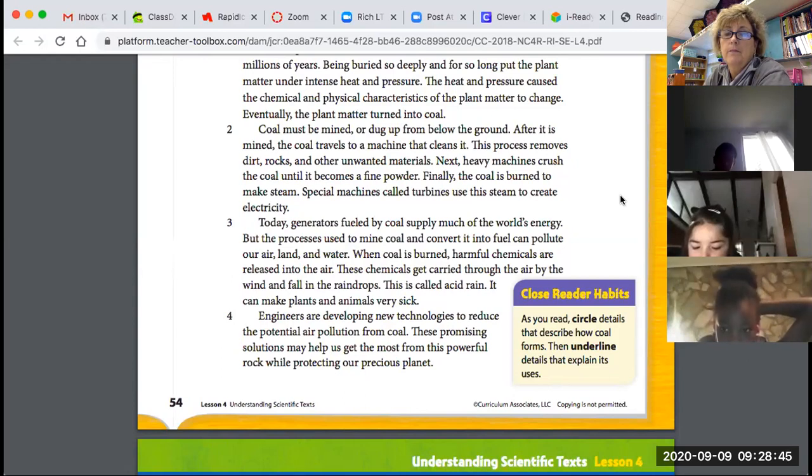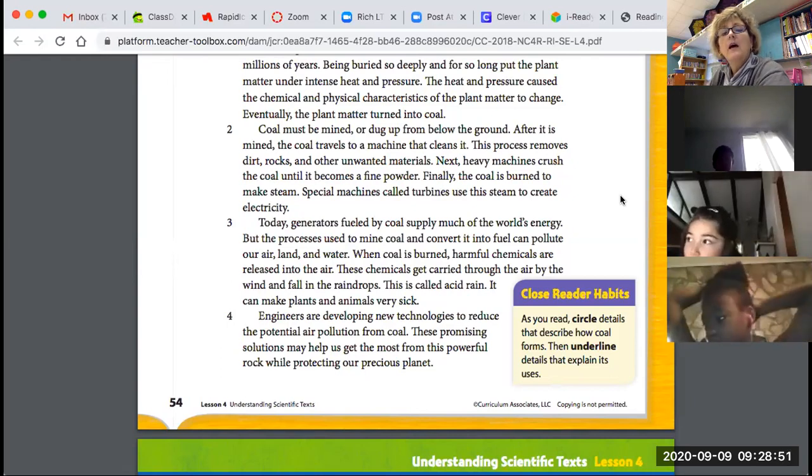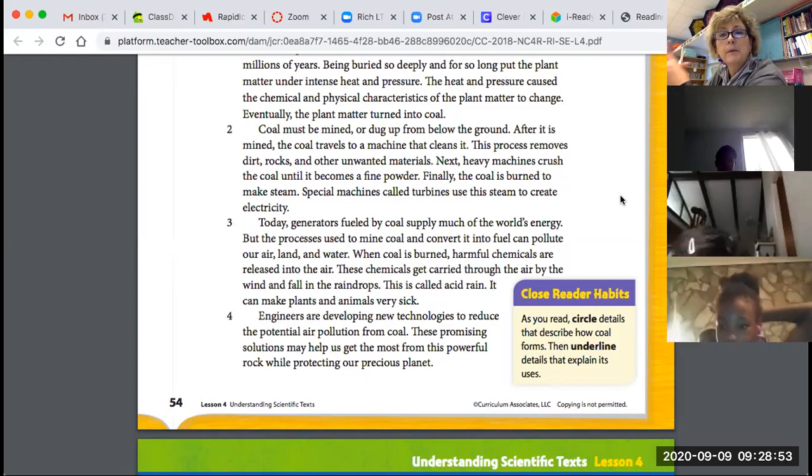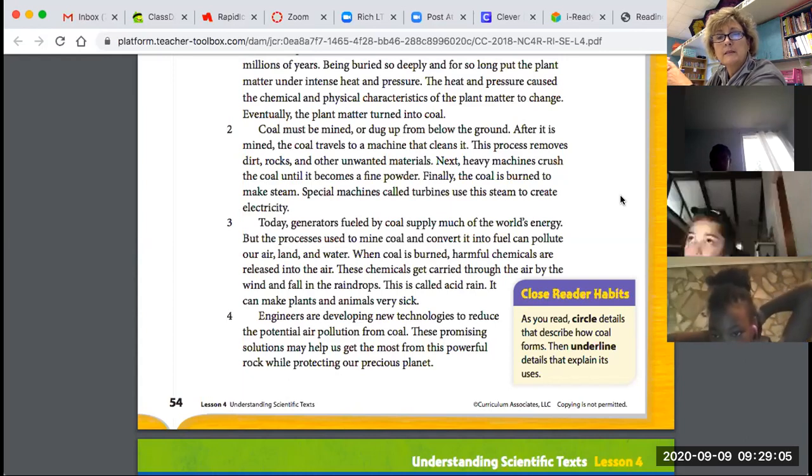Then they're telling you some harmful things. They're telling us good uses. Then they're switching over and saying it can also be harmful to our planet, and here's how and why. So they're giving you what it can do with evidence, and then harmful things it can do with evidence, good and harmful.